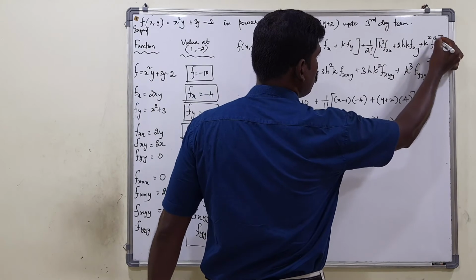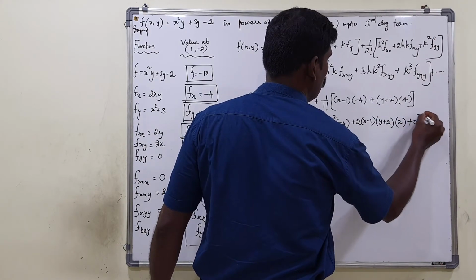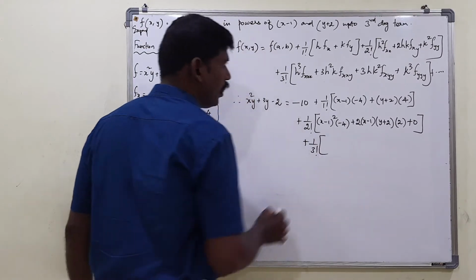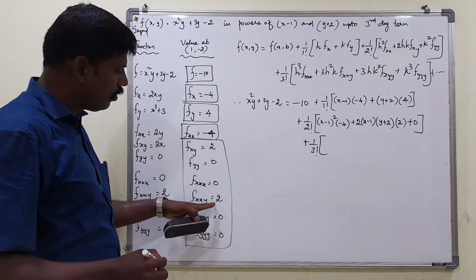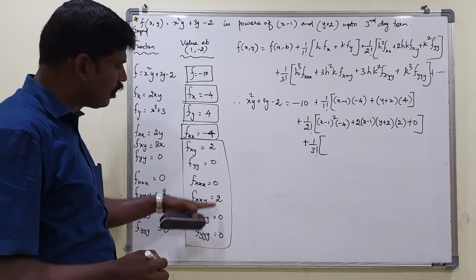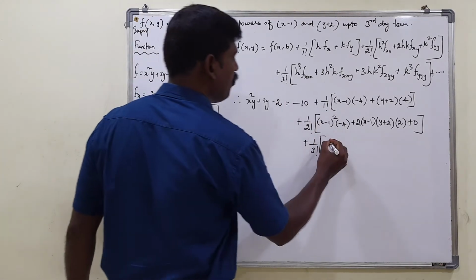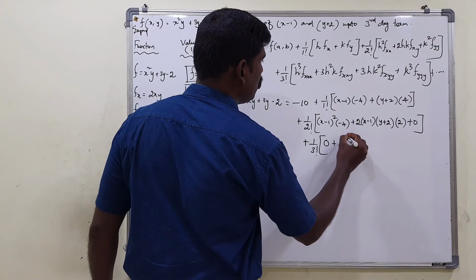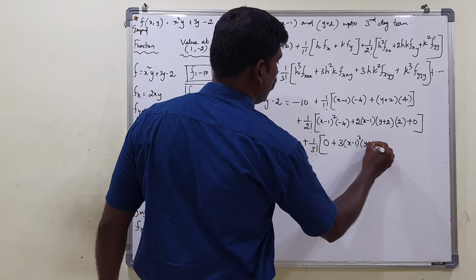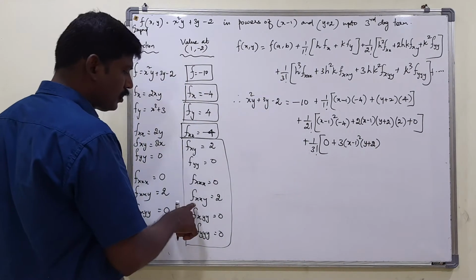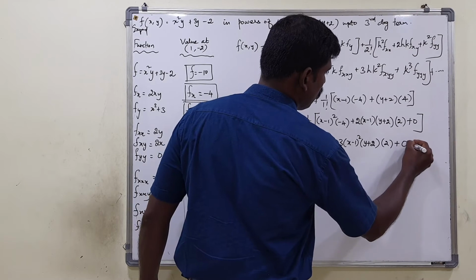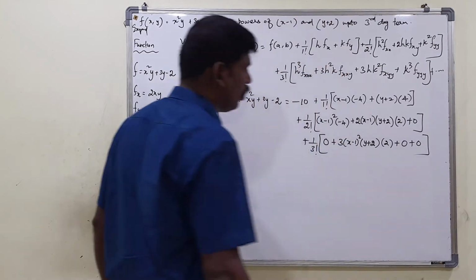So f_yy is 0, so that entire term becomes 0, and plus in the third order only one term alone remains here, all the remaining terms become 0. So the first term becomes 0, the second term becomes 3 into x minus 1 the whole square into y plus 2 into what is the value of f_xxy? It is 2. So other terms become 0, right? That's all.